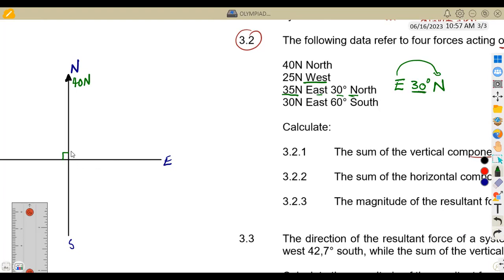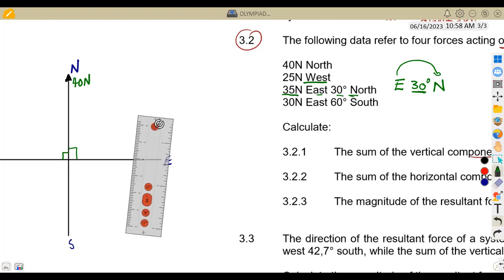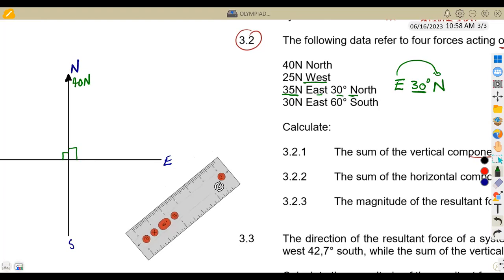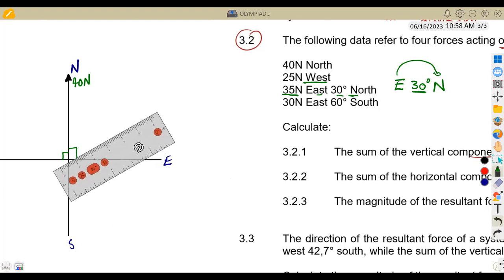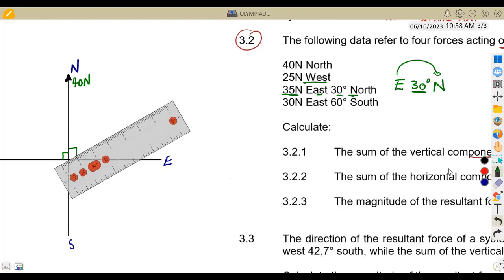Just approximating, because we know this is 90 degrees, we shall have our 30 degrees somewhere here. So I'm going to present my 30 degrees like this.